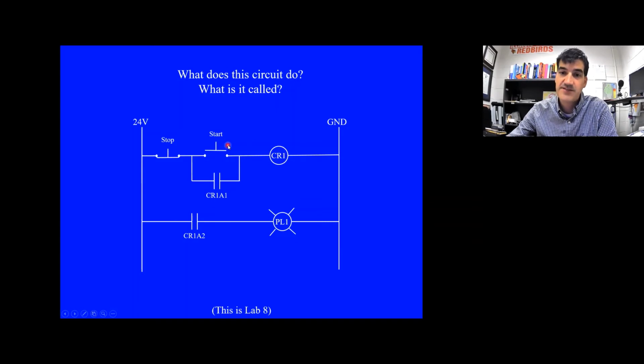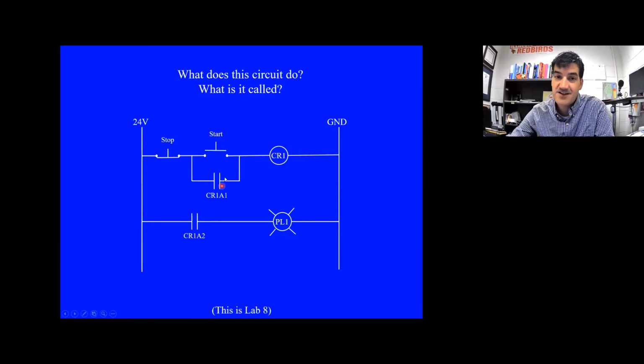So now, even if I release the start push button, it doesn't matter because I can have continuity going through this part and continuing to energize CR1. It's kind of weird to think about because it's like it's feeding itself, you know? It's like it's going through the switch part of the relay and then going through the coil part of the relay. But it works. It's perfectly valid to do that.